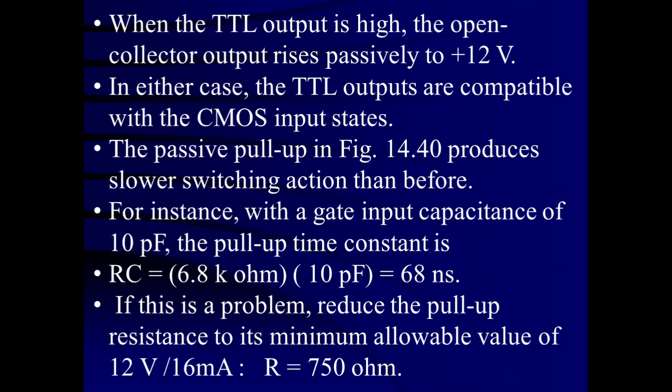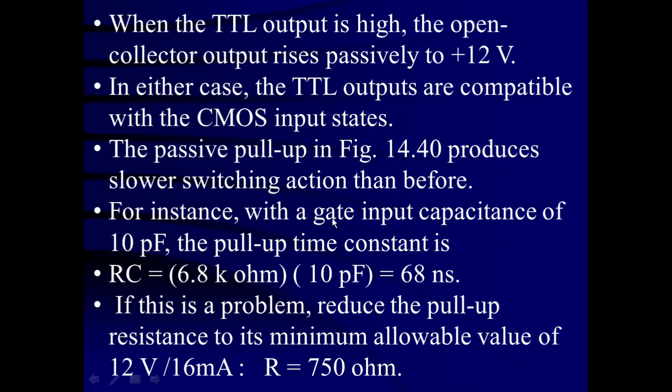That means an RC time constant is required to charge that 10 pF capacitance from 0 volt to 12 volt. The RC time constant is 6.8 kilo ohms multiplied by 10 pF, approximately 68 nanoseconds, required to change the input voltage of the CMOS from 0 volt to 12 volt. So it will set up the 12 volt or high state after 68 nanoseconds.